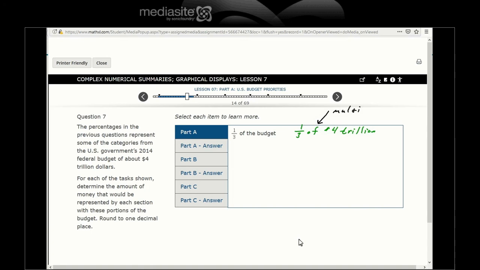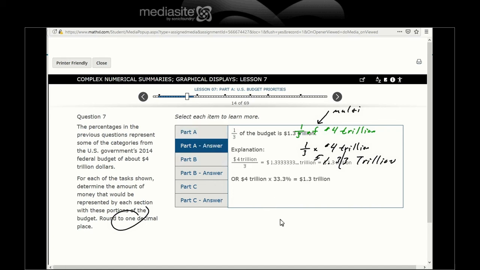So 1/3 of something would be 1/3 times 4 trillion. So let's do 4 divided by 3, or 1.3 trillion dollars for whatever that category was. Yep, 1.3.